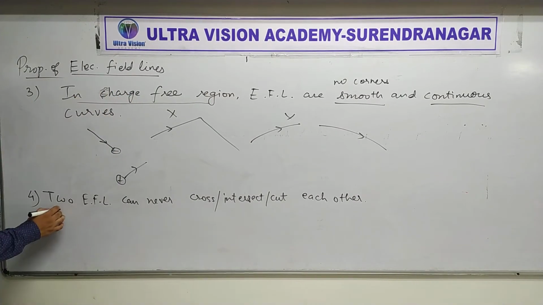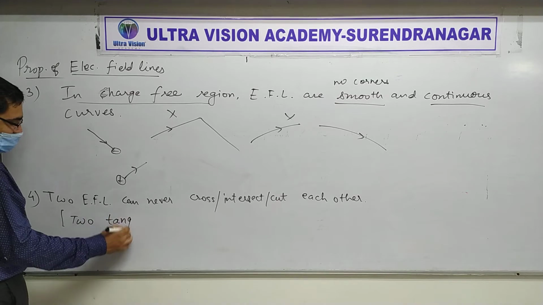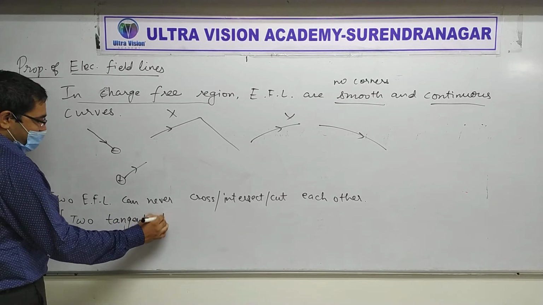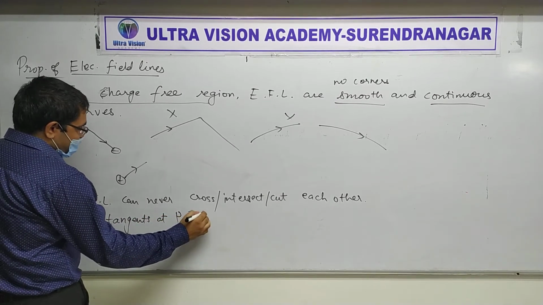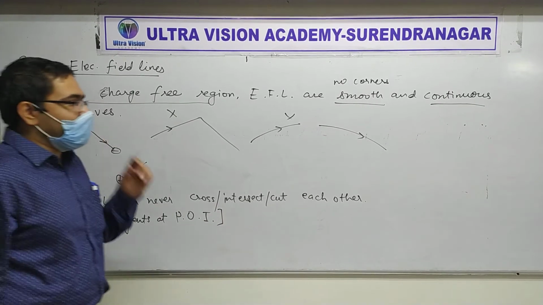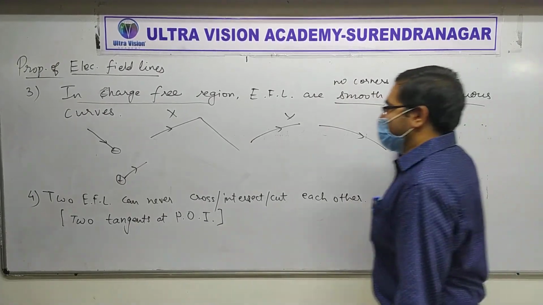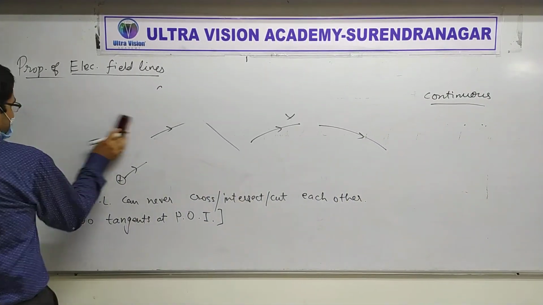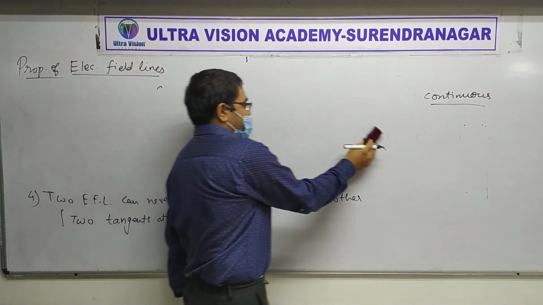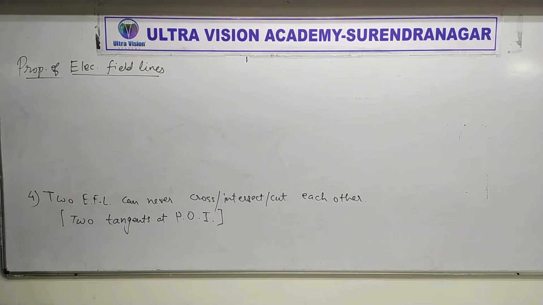The problem is two tangents at the point of intersection, POI, short form of point of intersection. What does this mean? Like I said, with these kinds of points, if you can draw diagrams, it would be wonderful.